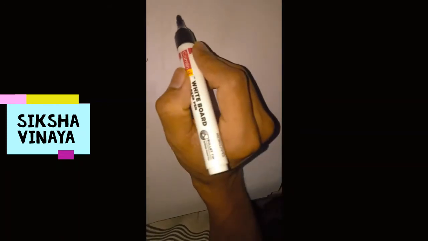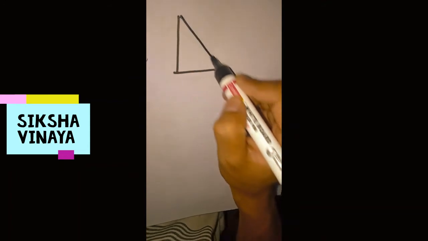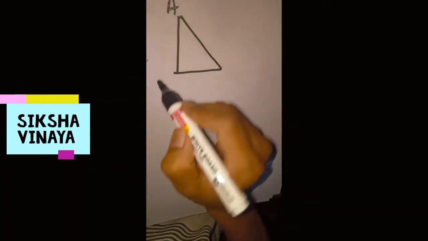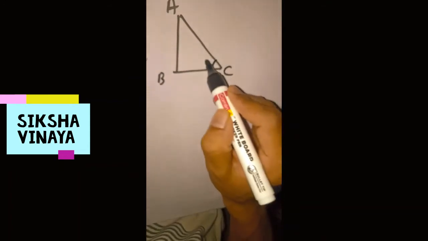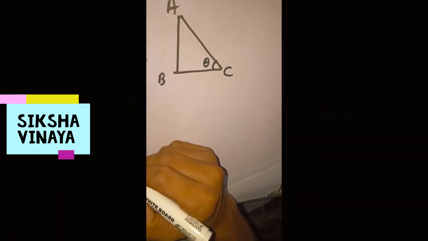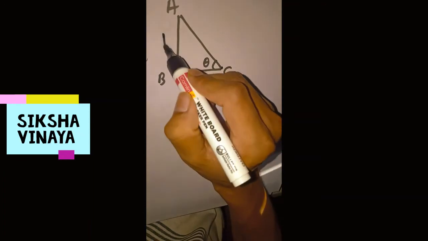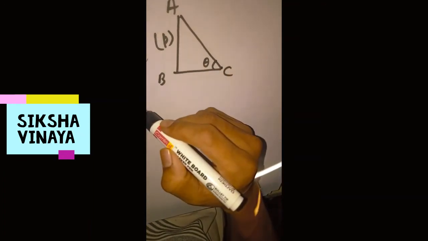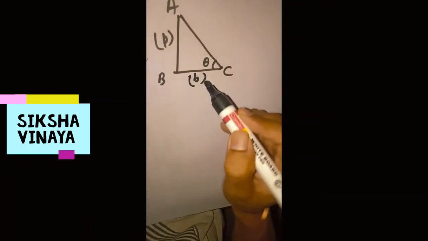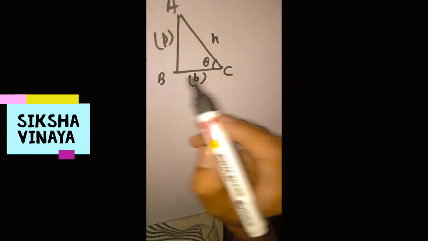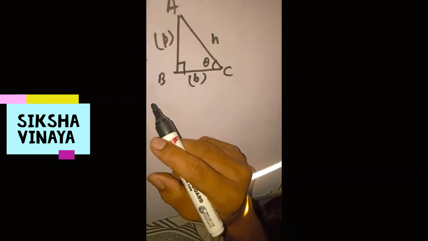Different means the ratio is the same, but the idea seems different. If we take the perspective from this angle, for you this will be P and this will be B, and H never changes.